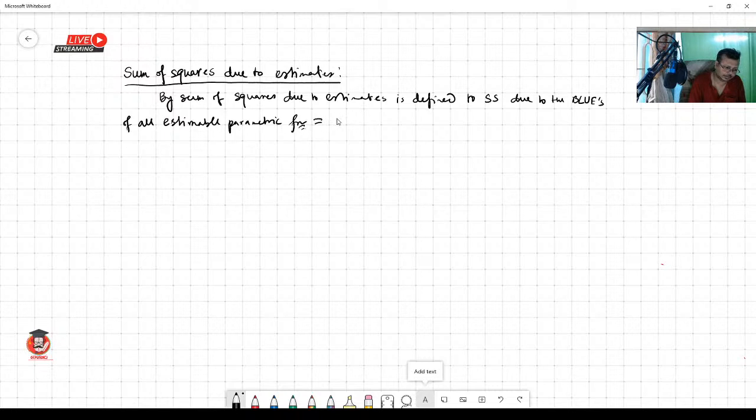So this is the same as SS due to BLUEs of R independent estimable parametric functions, where R is the rank of A, where A is the coefficient matrix.